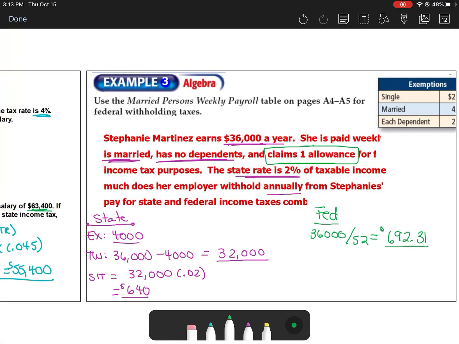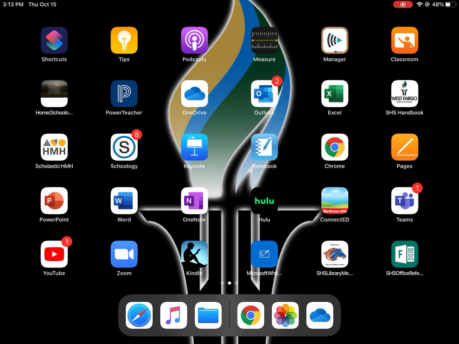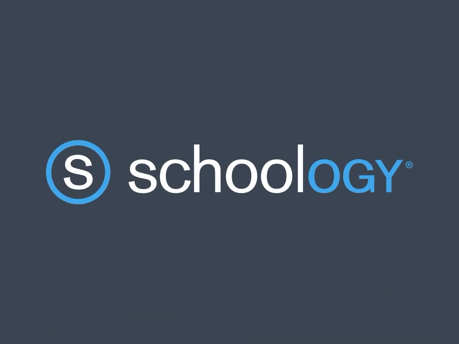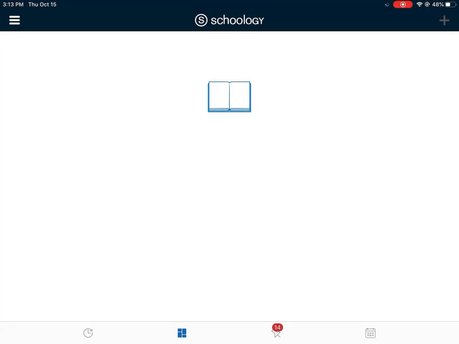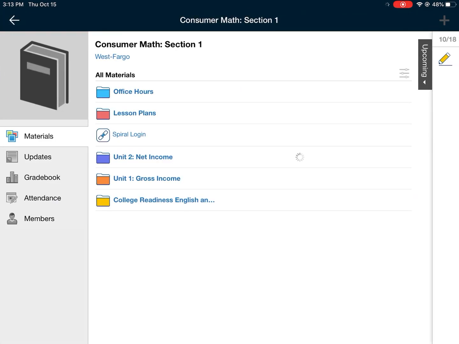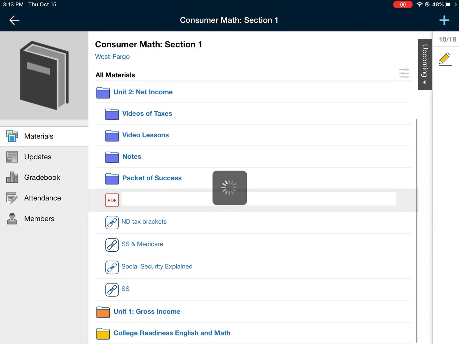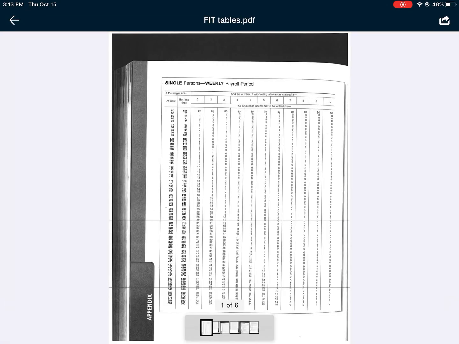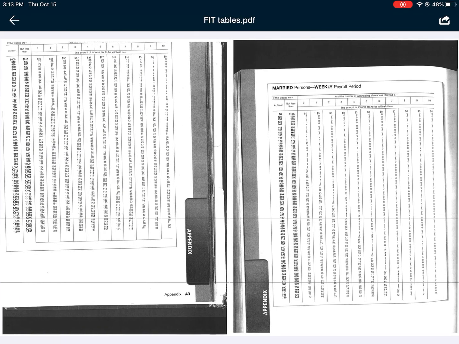Okay, and now I know she claims 1. So now I need to go into my chart. And again, you want to go into Schoology, Consumer Math, Unit 2, your federal income tax tables. Okay, well, this is single, so I need to go to married.